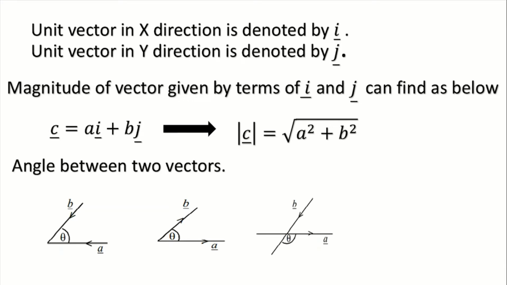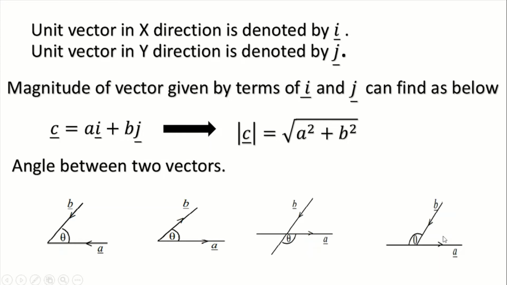In the third situation, you can see the a vector is going outward and the b vector is coming towards the intersection point. In this situation, we can extend the b vector. Then, as you can see, we can take the angle between two vectors marked in this. After extending the b vector, we can see both the extended b vector and the a vector are going outward from the intersection point.